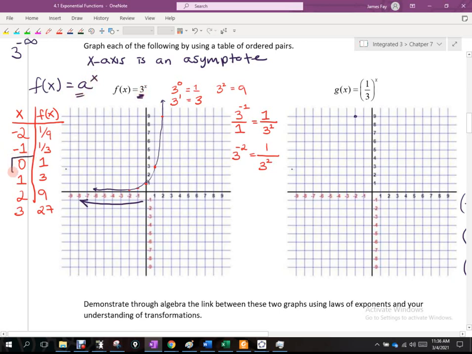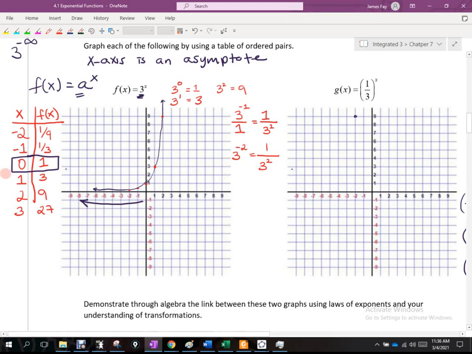All of our exponential functions are going to have that point 0, 1. Does that make sense? Every one of them is going to have 0, 1. When we did 1/3 to the x, it had the point 0, 1, right? Because no matter what, if x is in the exponent and I put a 0 there, it's something raised to 0, and by definition something raised to 0 is always 1.